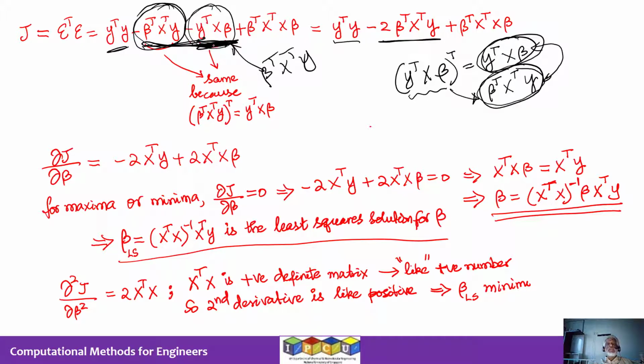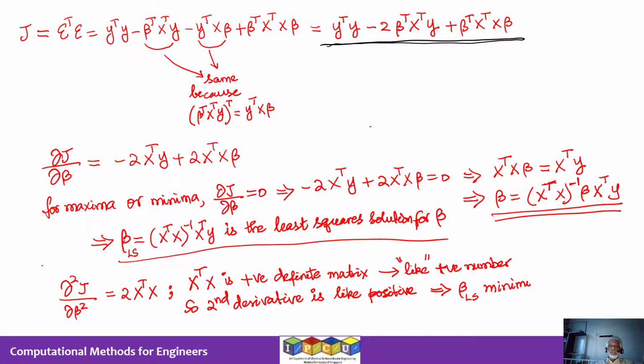This is minus y transpose x beta, which can be written as minus beta transpose x transpose y. Therefore, these two terms put together, we can write it like this. And then we have the last term, which is plus beta transpose x beta. So at this point in time, I can write j is equal to y transpose y minus 2 beta transpose x transpose y plus beta transpose x beta.